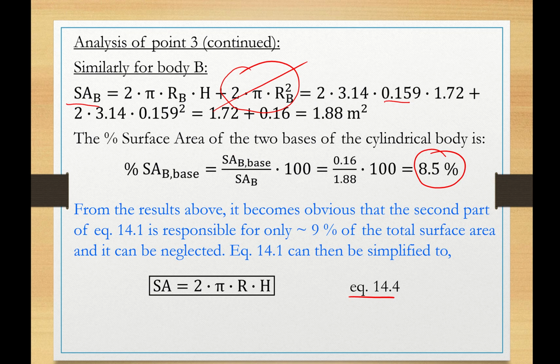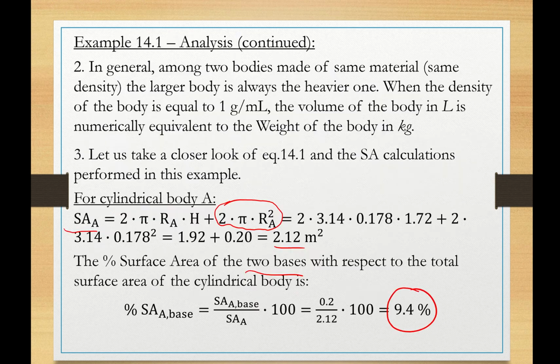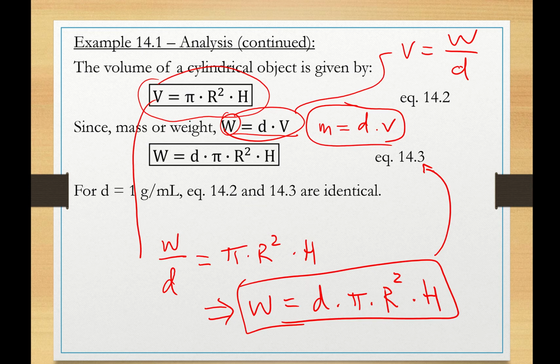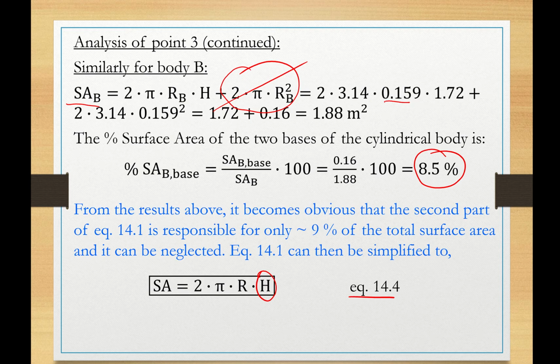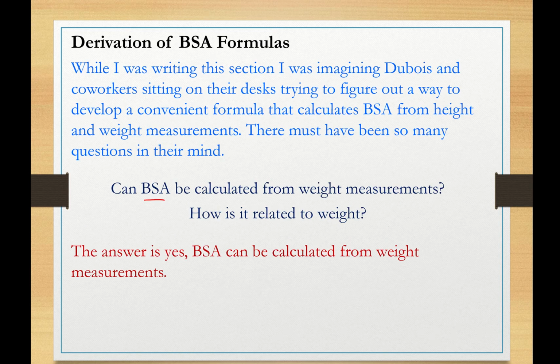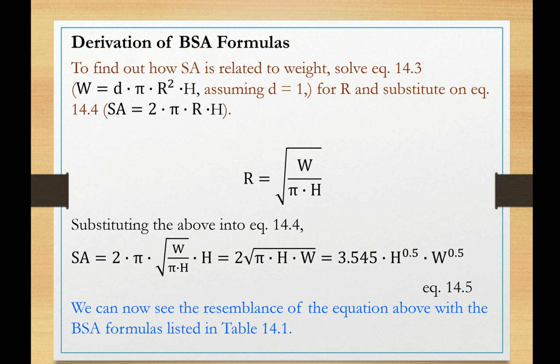As you can see in this equation, we have the height but not the weight yet, but we have derived the weight in equation 14.3. So we're going to combine these two equations and derive an equation that hopefully resembles the well-published BSA equations. Let us do that.